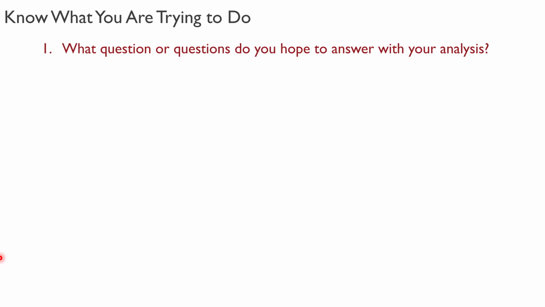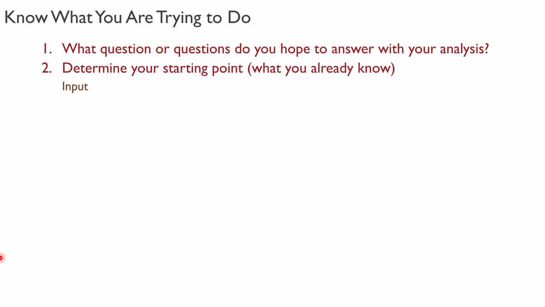Okay, so now you're at the point where you really want to make sure you know what you're trying to do, and this might seem trivial, but this is where for people who are new to the more data sciencey things, things get a little tricky. So these are just general problem solving steps. So we have some question. We want to make sure that question is stated precisely so that we can know if we've answered it.